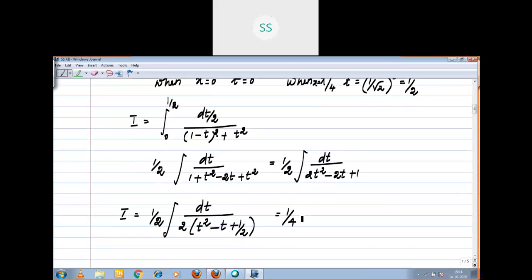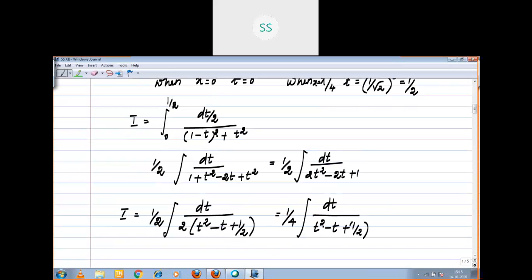Now I am going to apply completing the square, right? How do I apply the completing the square? You have to listen carefully, children. The coefficient of t should be divided by 2, that is 1 by 2, and you have to square it, then add and subtract. See here, t square minus t.